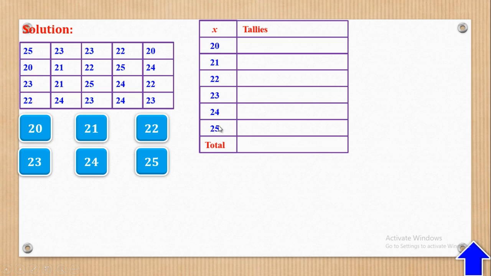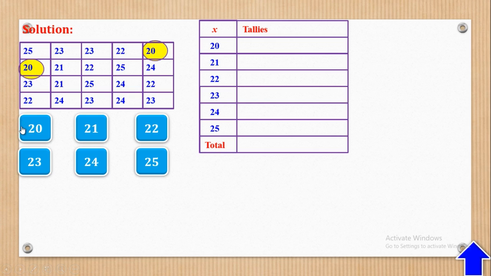So next is to do what we call tallies. Now tallies are like bundles of 5, so we draw slashes. These slashes are what we call tallies. And how are they got? For example, for 20 we shall look for all the 20s in these values.